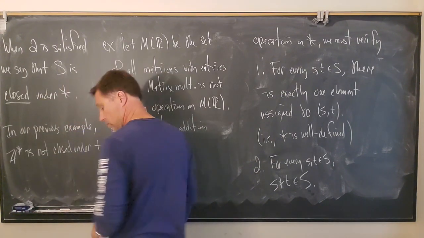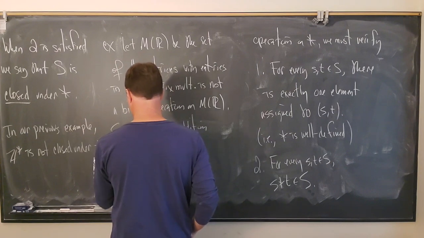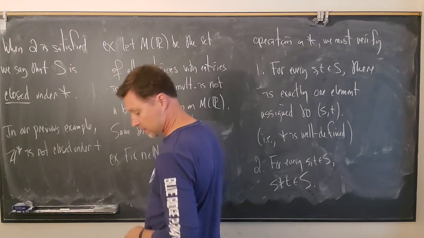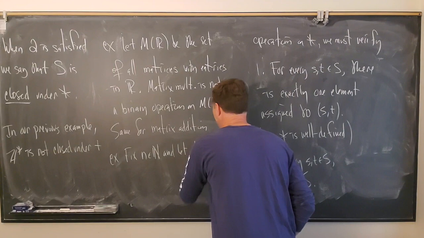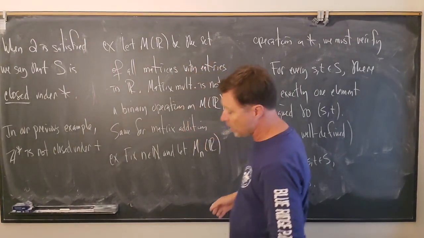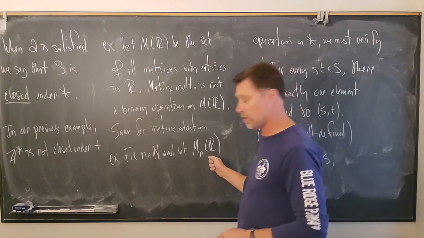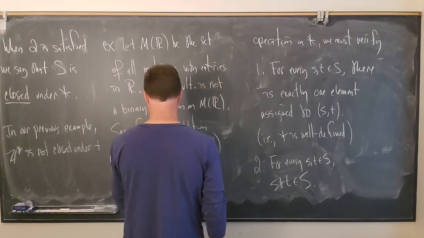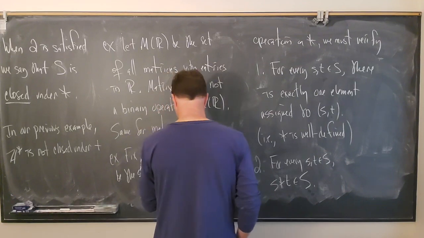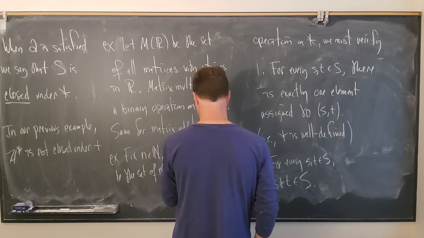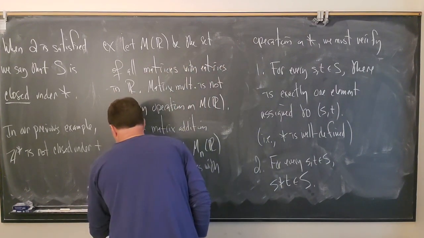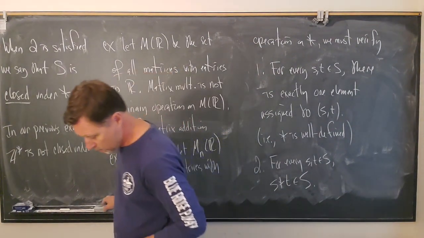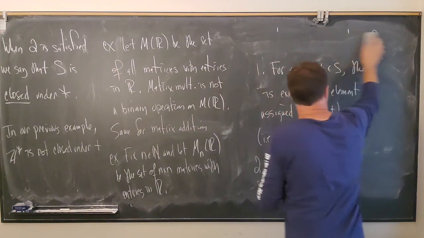Okay, next example. Let's say fix some natural number n, and now we're going to use this notation, M sub n of R. This is going to be the set of n by n matrices with entries in R. So now let's be precise about this.